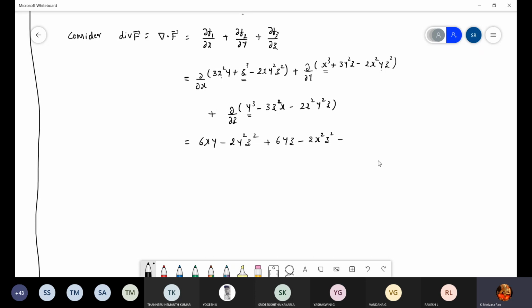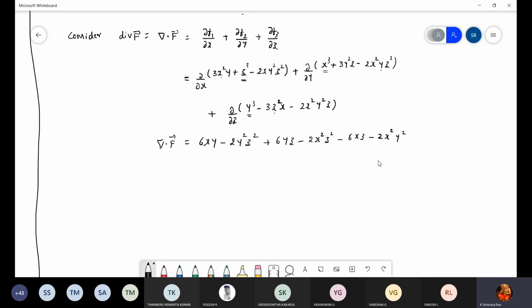Minus z square differentiation is 2z, 2 times 3 is 6zx, plus 6xz, minus 2 times 2x square y square. Yes, this is the derivative. Is there any cancellation here? No, all are different terms.